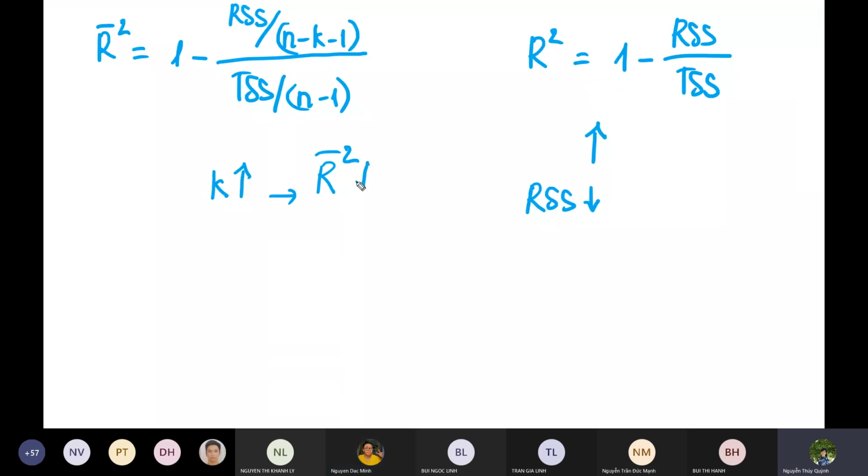The adjusted coefficient of determination will decrease in this case. And also R square increases, right? When we add one more independent variable into the model, R square will also increase. And what will happen to the value of R square bar, the adjusted R square?